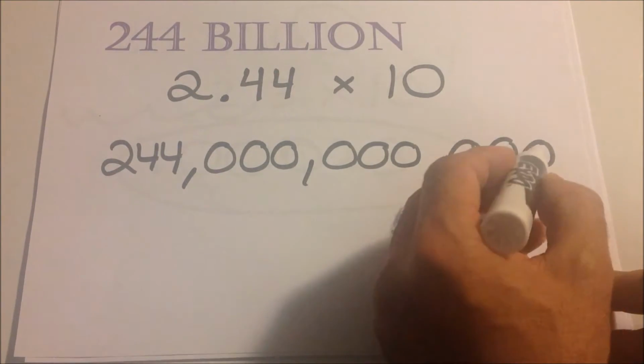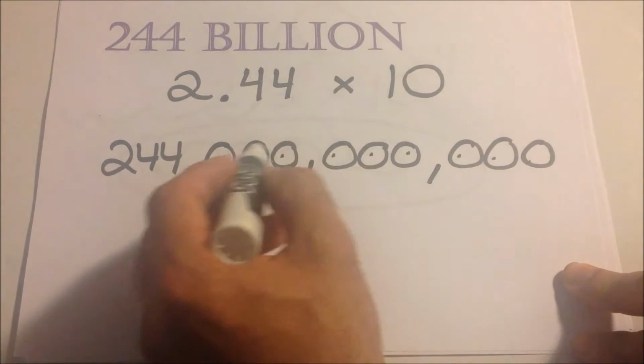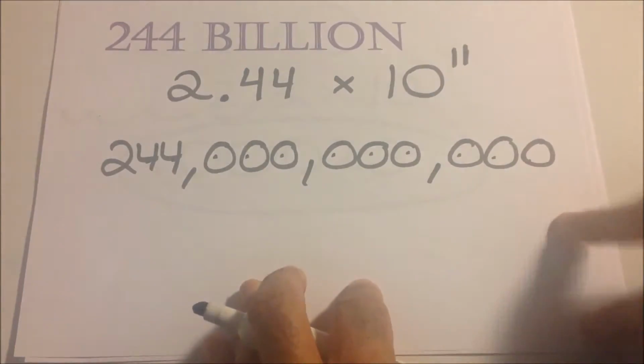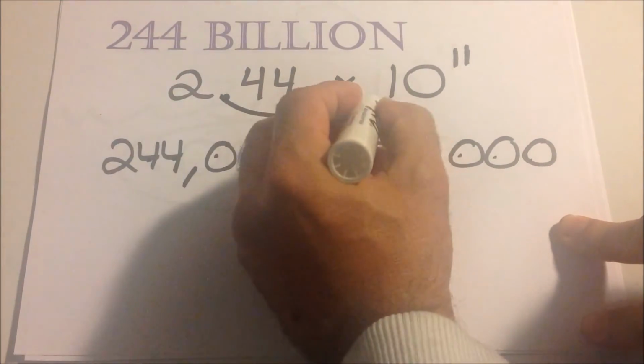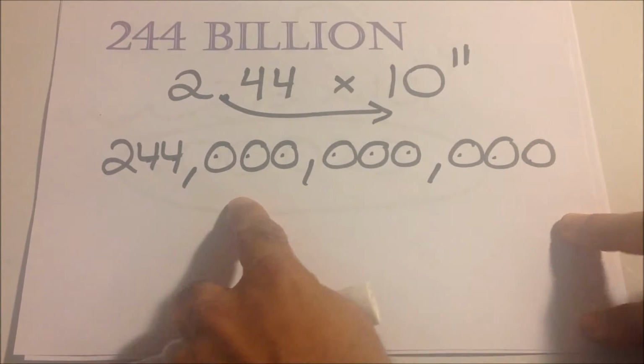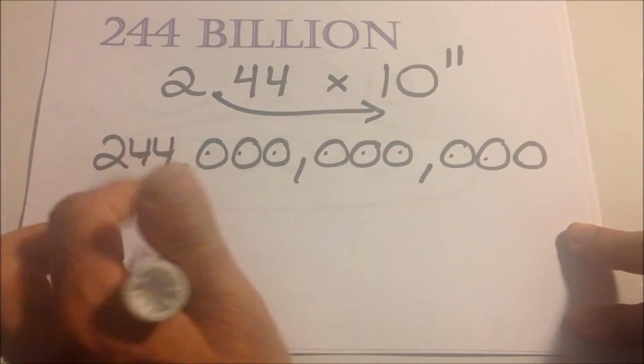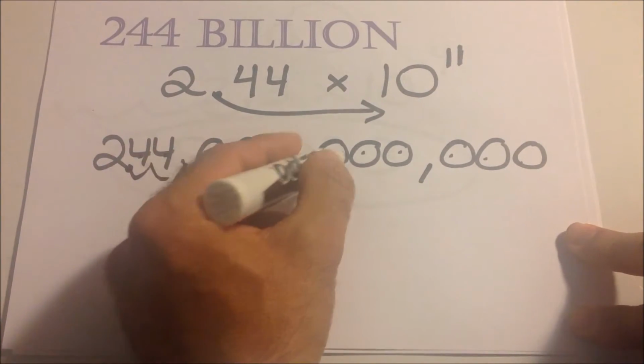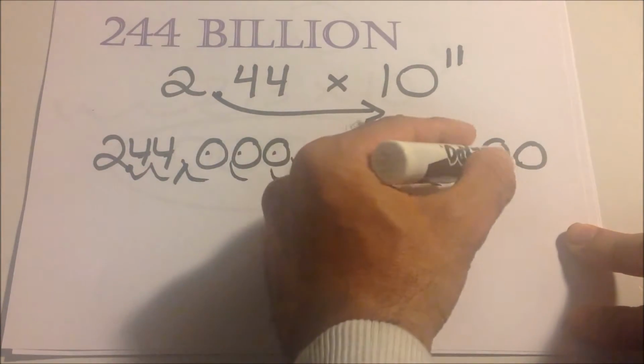And then count the numbers. 1, 2, 3, 4, 5, 6, 7, 8, 9, 10, 11. 11 numbers. If we move this 11 times this way, we'll get the standard form number. Right? So let's say it was here. 1, 2, 3, 4, 5, 6, 7, 8, 9, 10, 11.